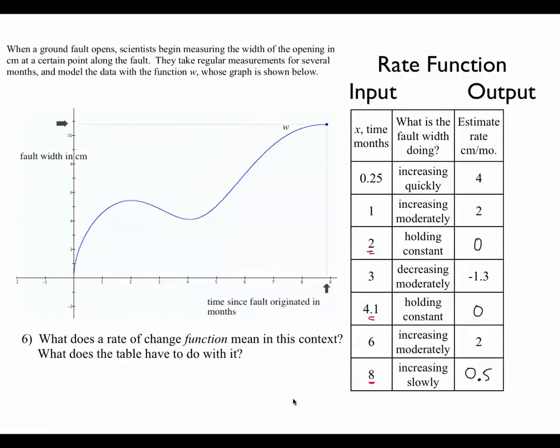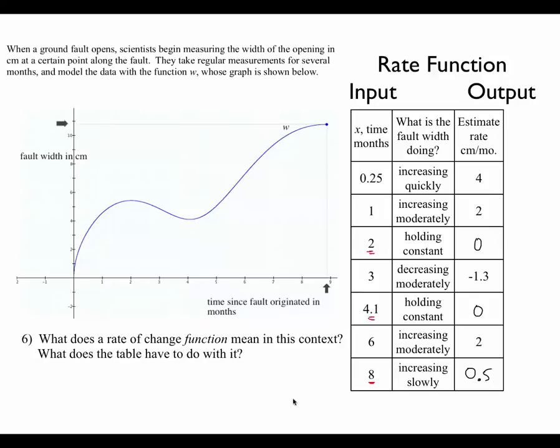Okay, it is. So the input would be our x quantity, in this case time since the fault originated, and the output is the rate of change. So it's a whole profile of rates of change. For any given time, the rate of change function tells you what the rate of change is at that time.